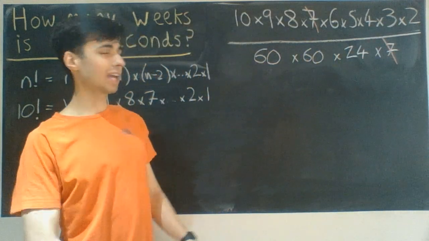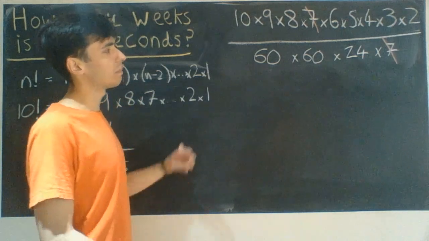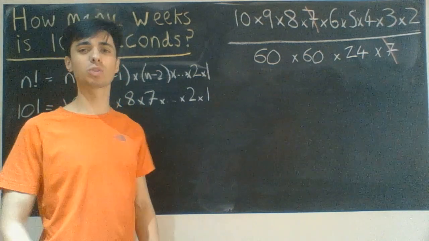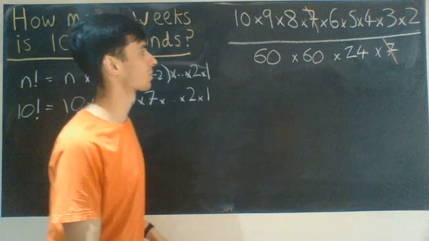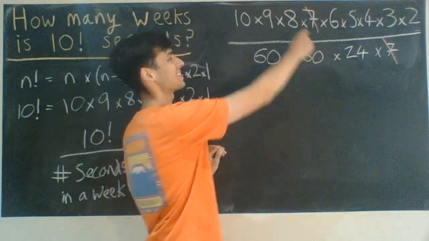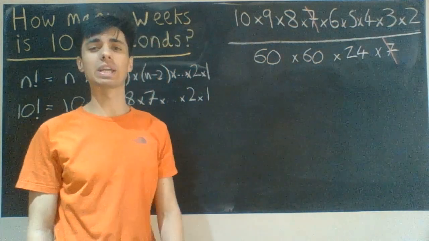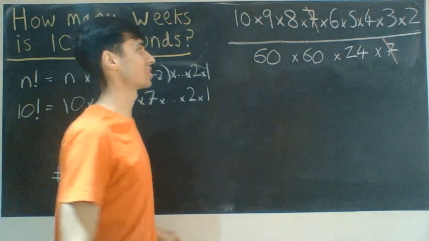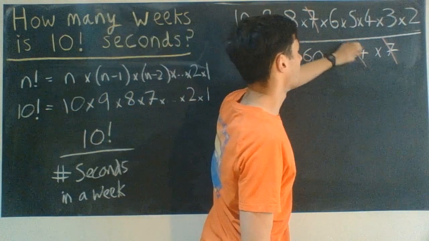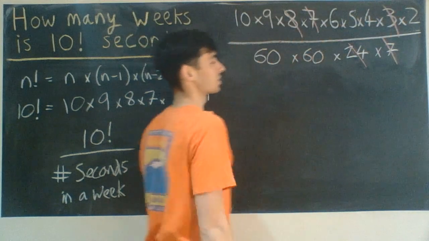Well, we haven't actually got any numbers that we can see on the top and the bottom anymore. But if we're a bit more creative, we can also find some common factors. I can see a 24 on the bottom, and on the top I can see an 8 and a 3. 8 times 3 gives us 24, so we can just cancel these out.